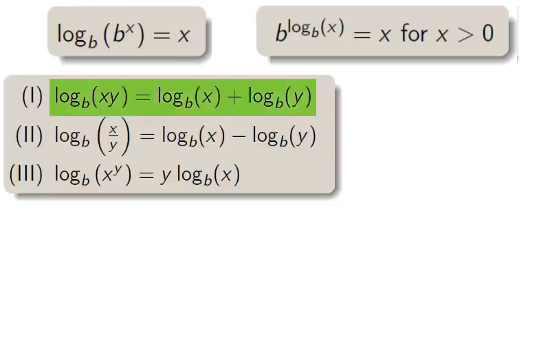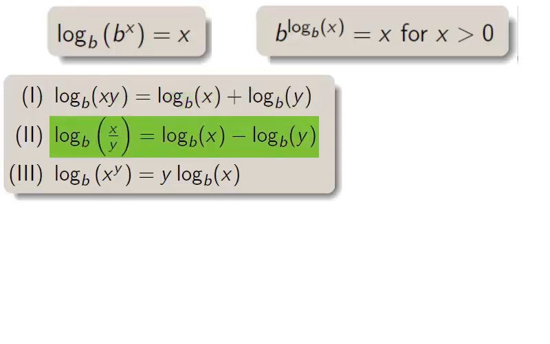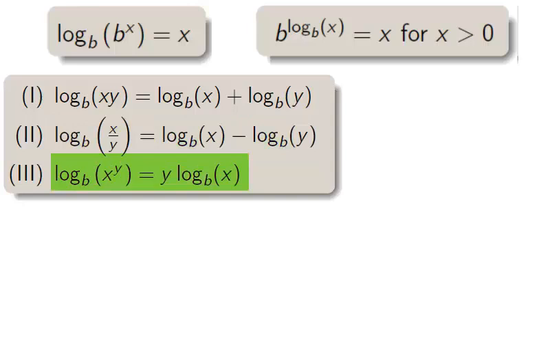The logarithm of a product x times y is the sum of the logarithm of x and the logarithm of y. The logarithm of a quotient x over y is the difference of the logarithm of x and the logarithm of y. The logarithm of x to the power of y is the product of y and the logarithm of x.